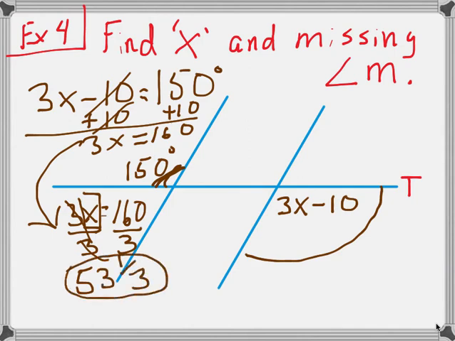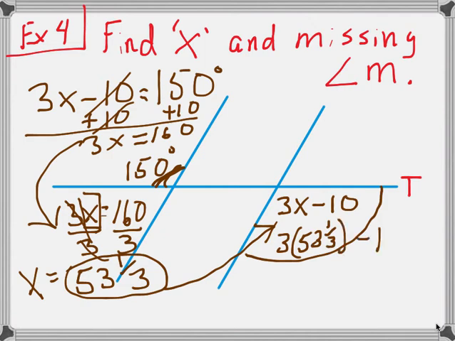Okay, that's my x. Now I can just plug and chug right here. Well, if I plug in 53 1/3 for x, then minus 10, well, guess what I should get? I should get 150 degrees because this and this are vertical angles.